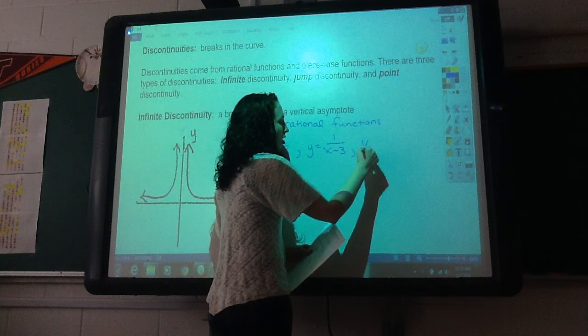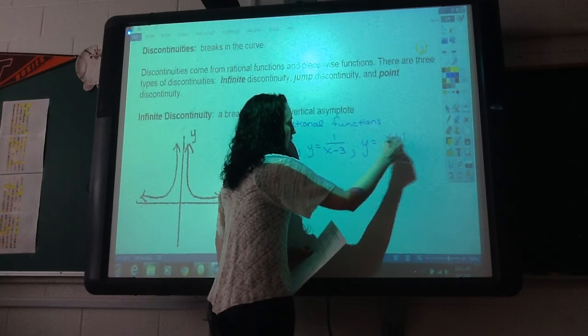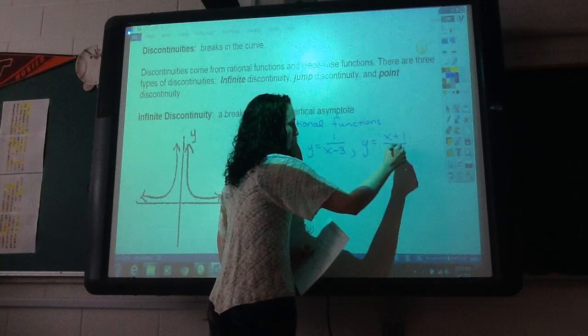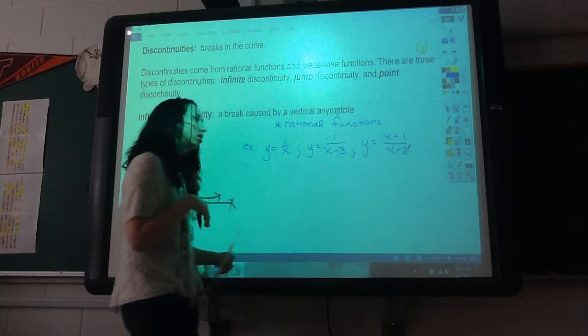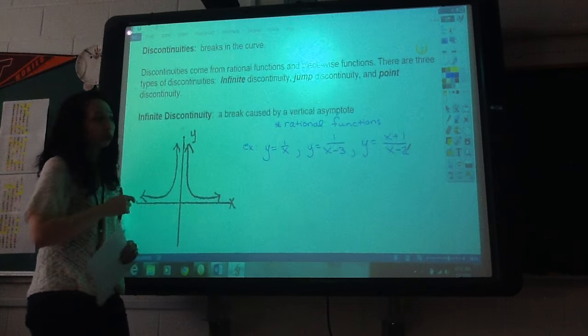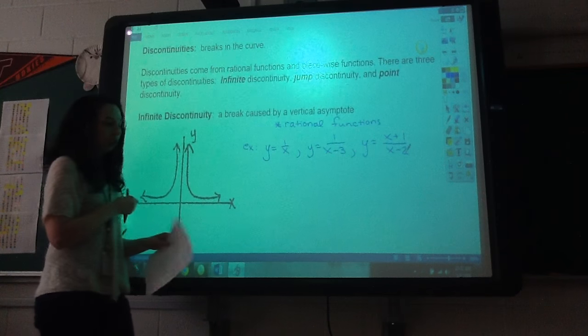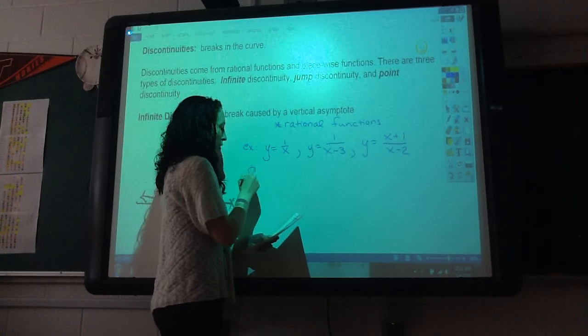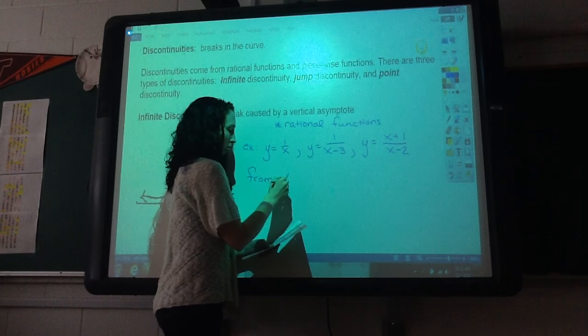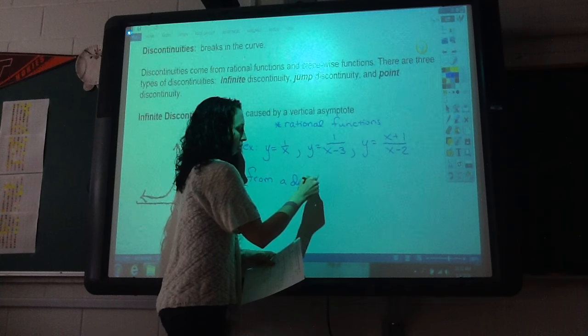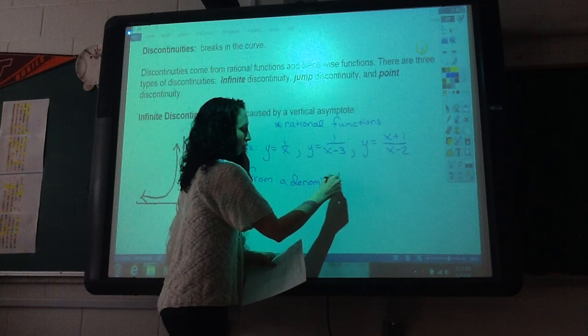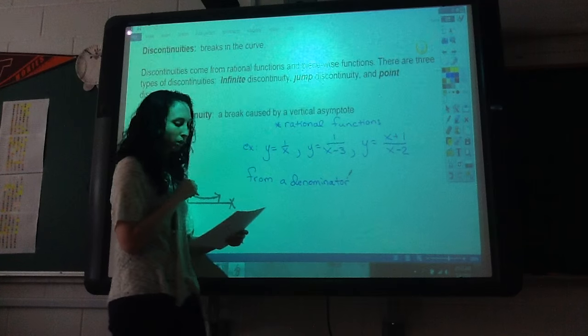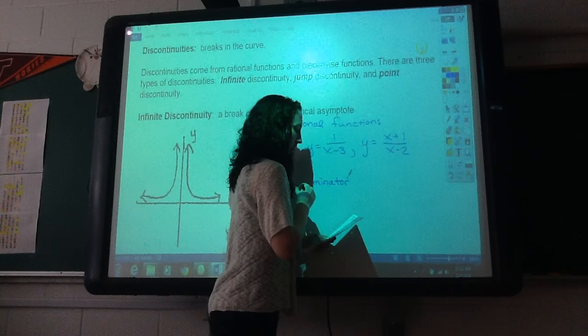Another one, y equals x plus 1 over x minus 2. You're going to end up with a couple different asymptotes in that last one. So, it comes from a denominator that will not ever cancel.